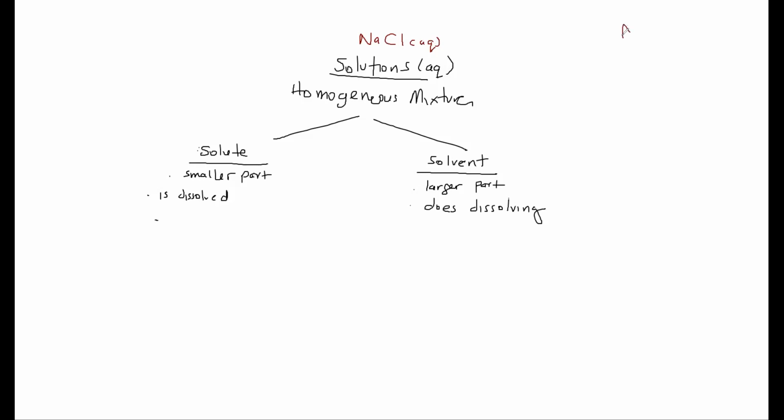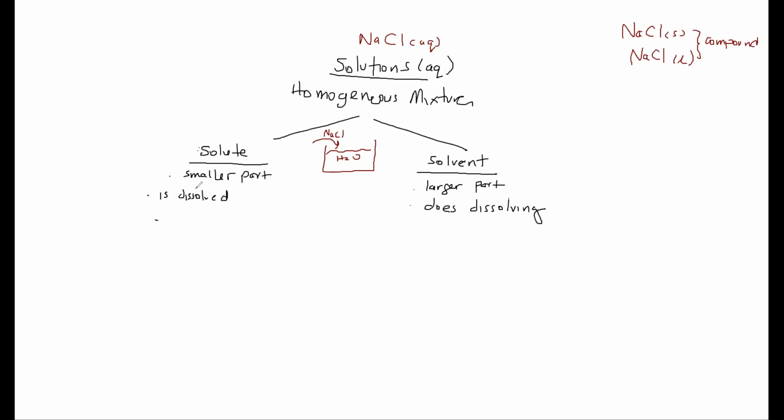It wouldn't be a mixture, it would be a pure compound if it was solid or liquid. Whenever we say AQ, that means I have water and I added NaCl. That's why it's a mixture.